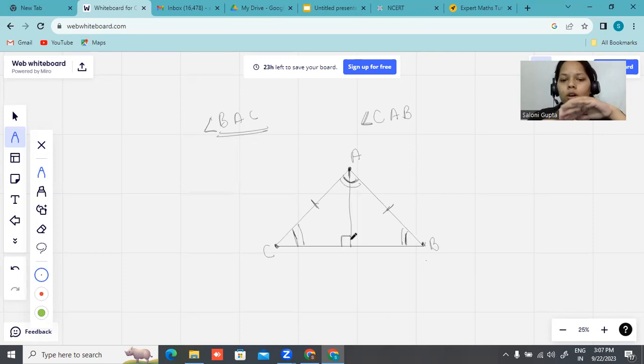Now, if you draw the median from any vertex to the opposite side of the triangle, it will also work as an altitude. So in an equilateral triangle, every median is working as the altitude, or every altitude is working as the median. Or we can say the median and altitude are the same. So this was about median and altitude.